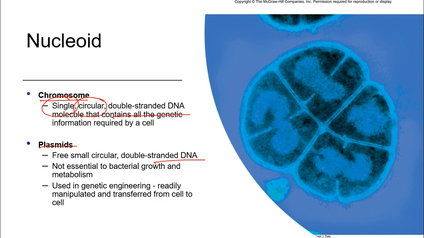They are not essential for bacterial growth and metabolism, but they can provide the bacteria extra properties like an antibiotic resistance feature, or helping to produce certain enzymes to utilize a nutrient the bacteria is generally unable to utilize.